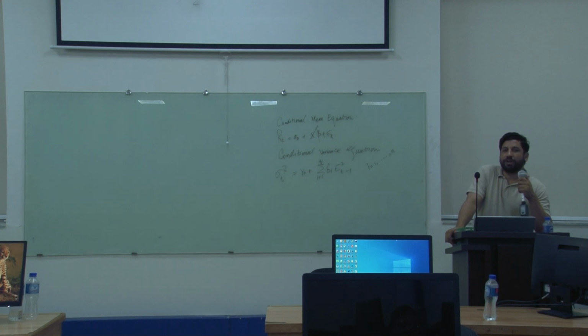The next model, very near to this one, is the GARCH model, which is the most generalized form of this one. It is also known as generalized autoregressive conditional heteroscedastic, GARCH.